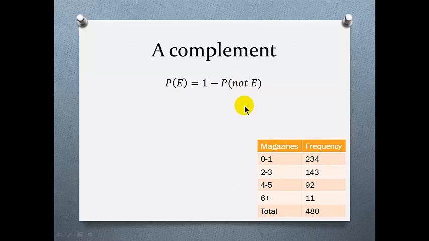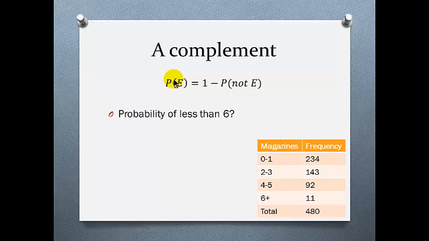Because you have to remember the probability of something happening is 1. If I flip a coin, the probability I get something on the coin is 1. And so I need to subtract out the probabilities of all the bad stuff that I don't want to include, and that'll give me the probability of the remaining event I'm interested in.